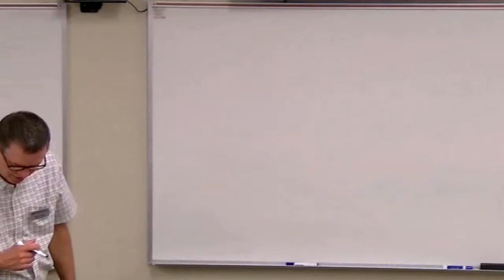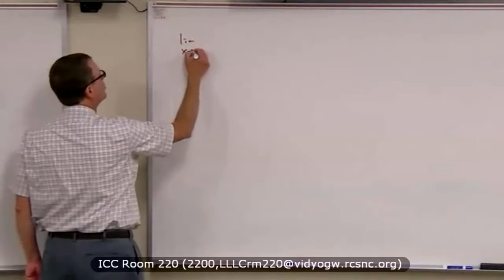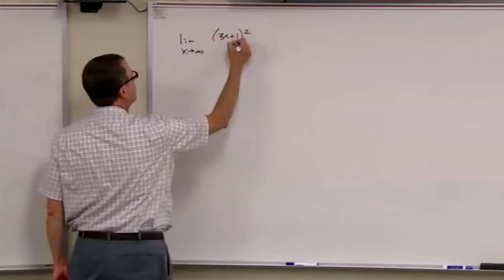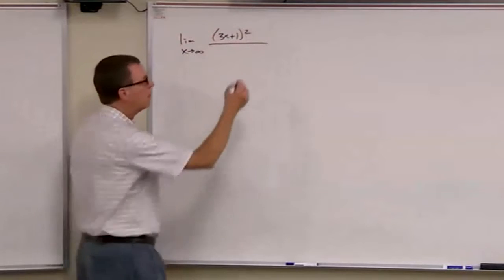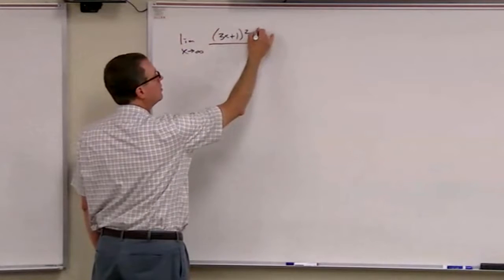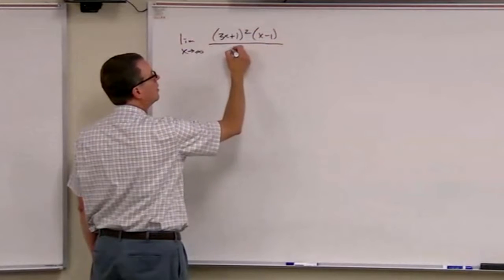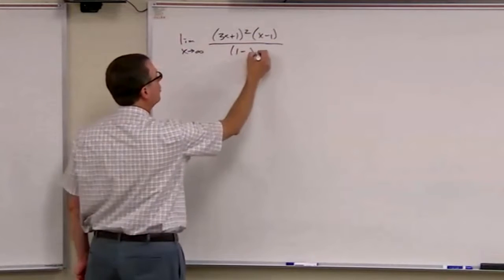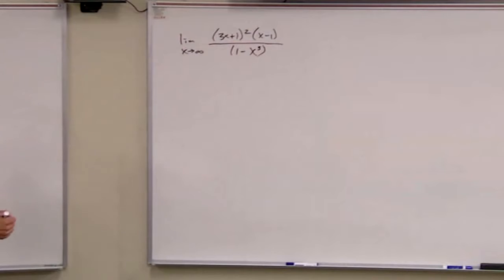3x plus 1 squared. And x goes to infinity of 3x plus 1 quantity squared. What's the name of that? 1 minus what?